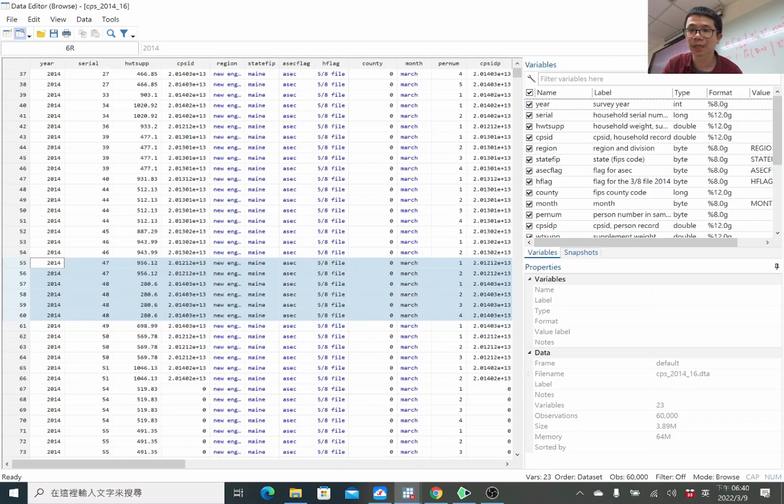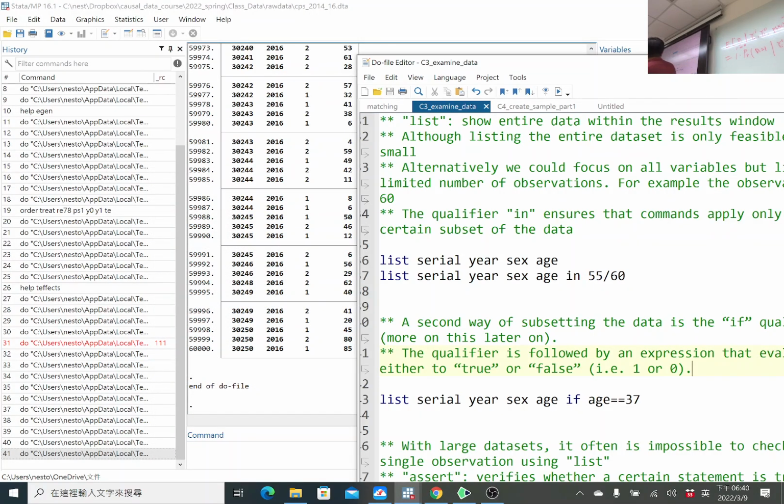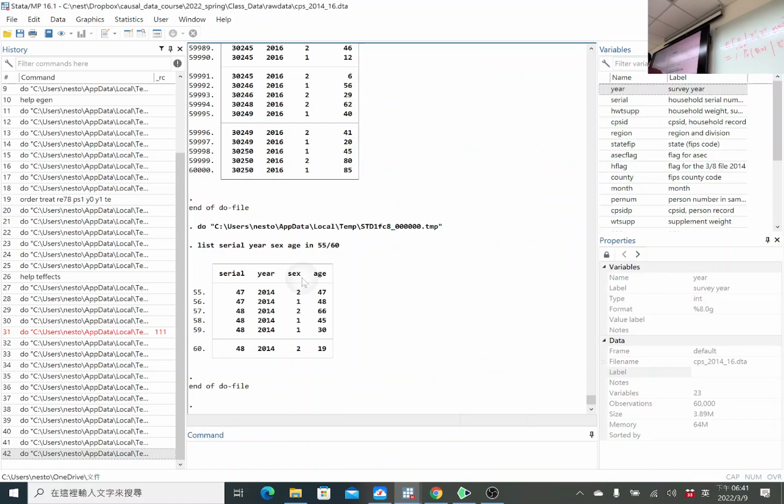Like here are 4 variables. If you implement this, it will look like this. So you can see the observation, household number, year, sex, and age. Okay, so that's one thing.